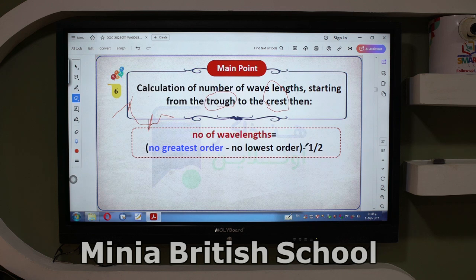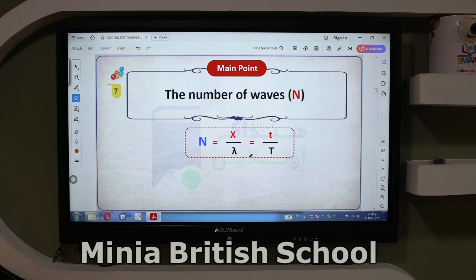So we must subtract a half. Number of wavelengths equals the number of the greatest order minus the number of the lowest order minus half. Number of waves: we can calculate the number of waves by x over lambda.